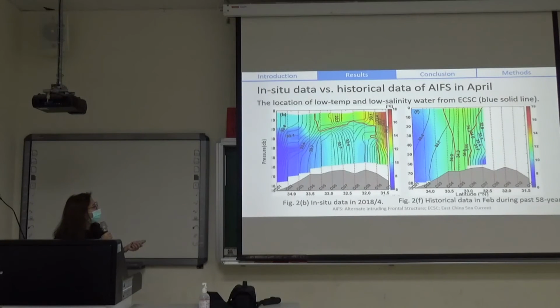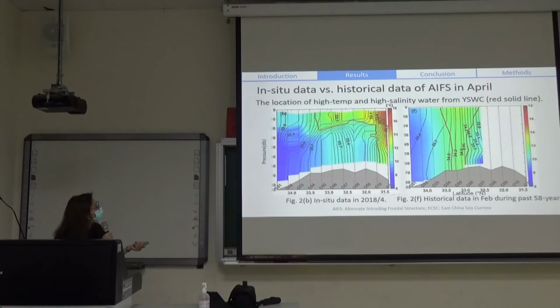But in April, the color is temperature and the contour is salinity, and this thin red line is the 11.5 degrees Celsius temperature contour. The low salinity and low temperature water from the East China Sea currents are located here and here.